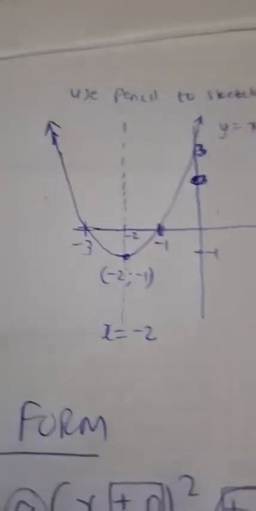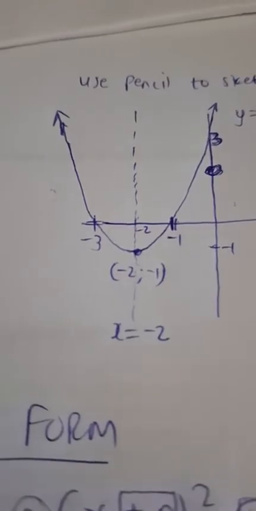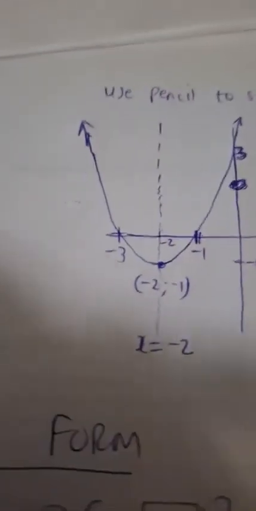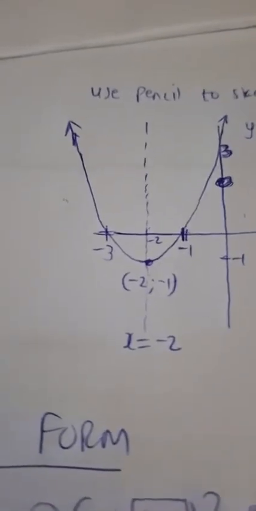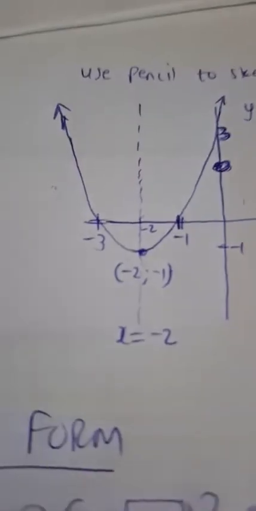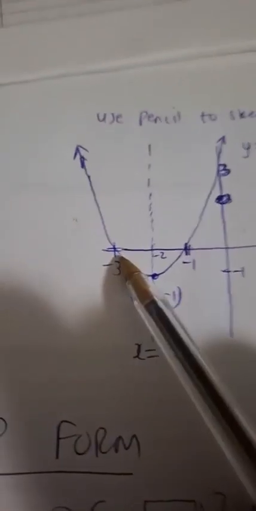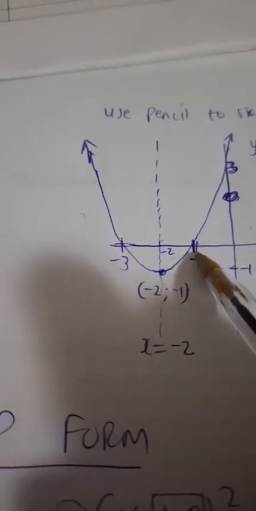Remember, x is an element of R means that for all real values, the R means real values. What are real values? Real values are all rational and irrational numbers. On this number line, we are not only accounting for -3, -2, -1.